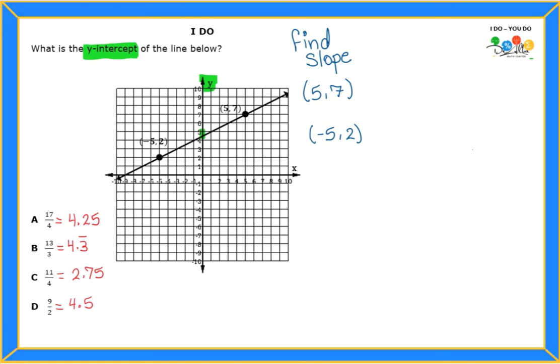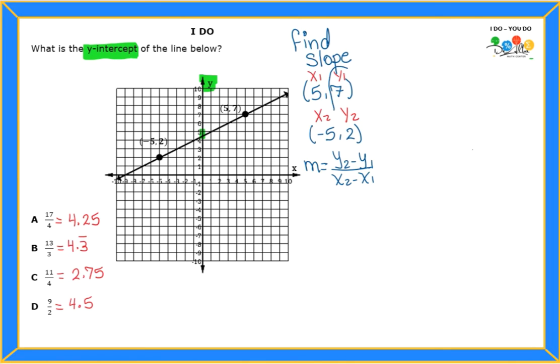So what do I do next? Well, we need to put some labels, right? Let's write the labels as x1 and y1, x2 and y2. Since I need to find the slope, I need to use the formula for the slope of a line, which is m equals y2 minus y1 over x2 minus x1.